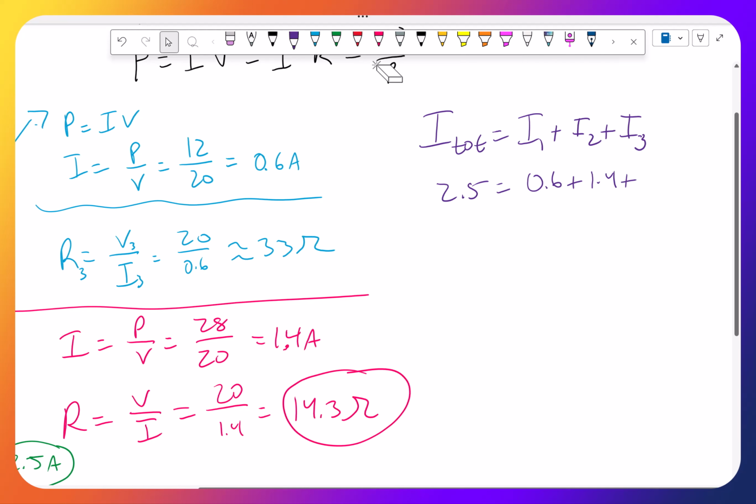Oh, wait, sorry, opposite. This is I3, I2, and then I1 we're trying to find. So let's replace. Actually, this should switch as well.